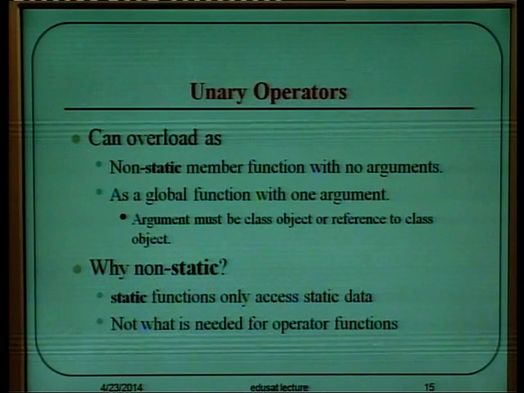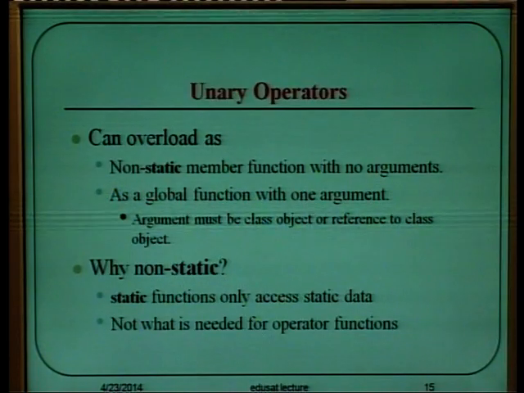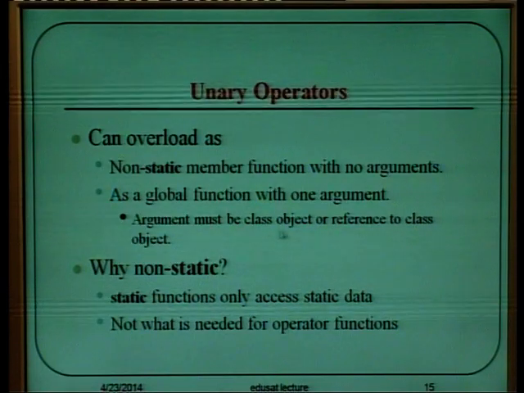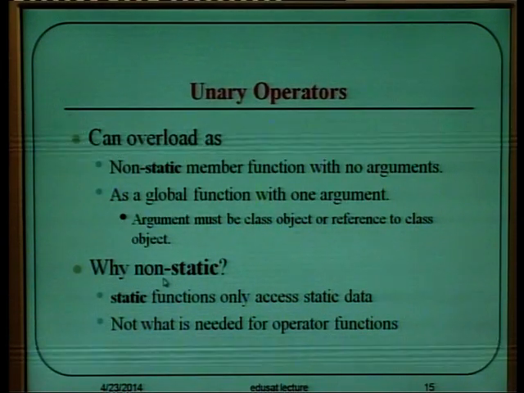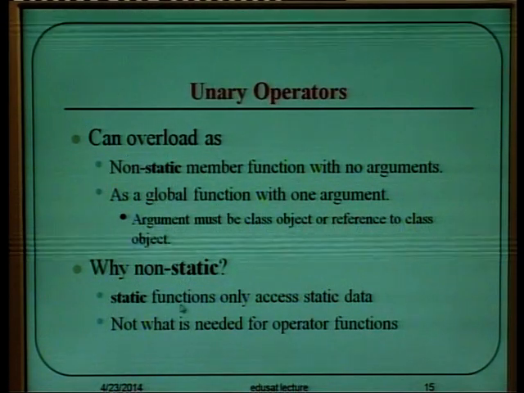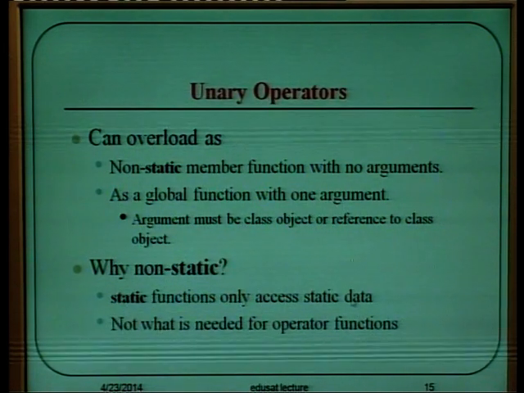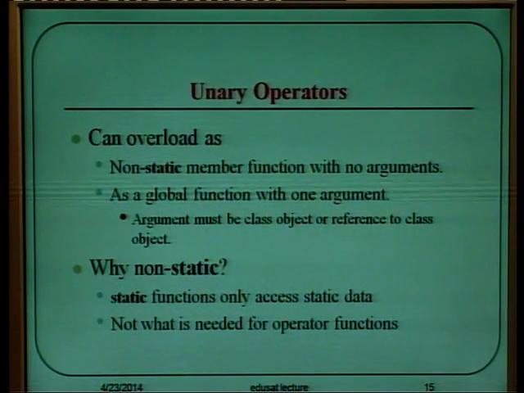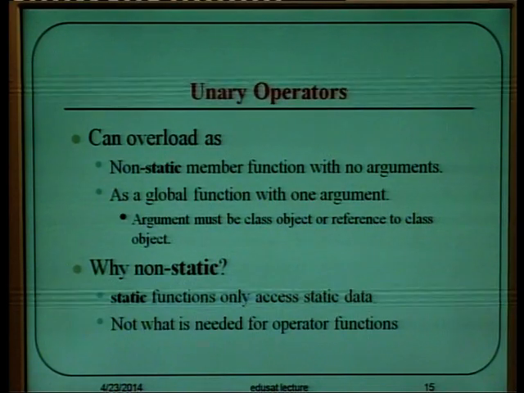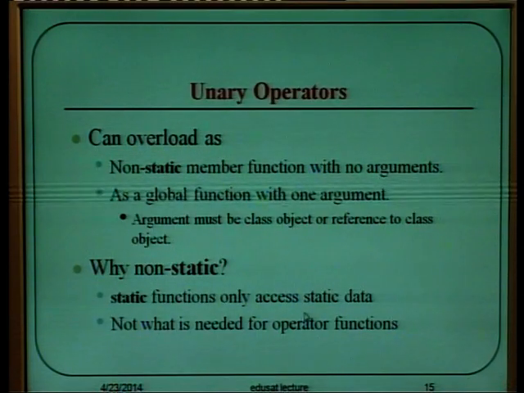If that same unary operator function is defined as a global function, then we have to pass one argument. The argument must be a class object or a reference to the class. Why non-static members? Static functions only access static data. That's why we are using non-static functions. Non-static functions use normal variables, but static functions only access the static data, which is not what is needed for operator functions.